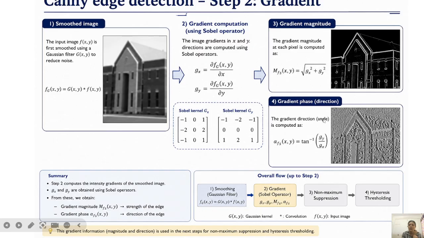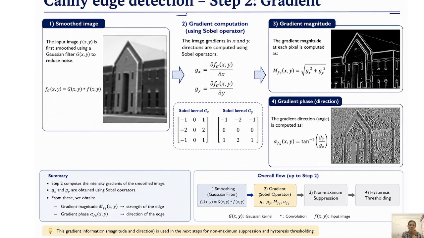Now we are doing the gradient phase. The phase is given by tan inverse of gx by gy. So this is the phase of the image. What we can understand from these steps is that step 1 is the Gaussian smoothing, and step 2 computes the gradient of the smoothened image. gx and gy are obtained using the Sobel operator, and from gx and gy we find the gradient magnitude and gradient phase.